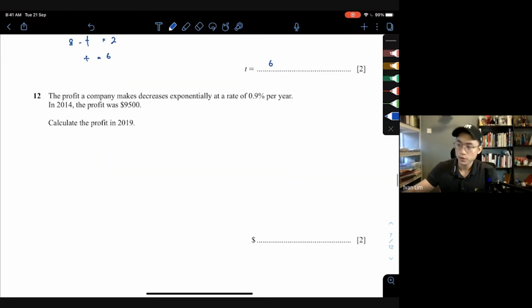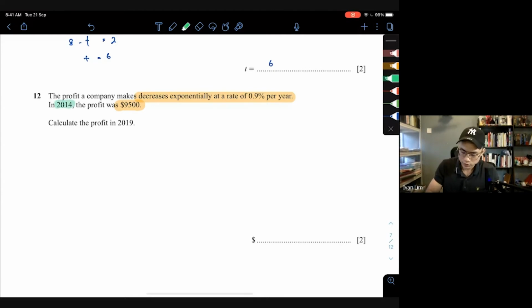2-mark question. Okay, question 12. The profit a company makes decreases exponentially at a rate of 0.9% per year. Keyword is exponentially, and then decreases. In 2014, the profit was 9,500. Calculate the profit in 2019.